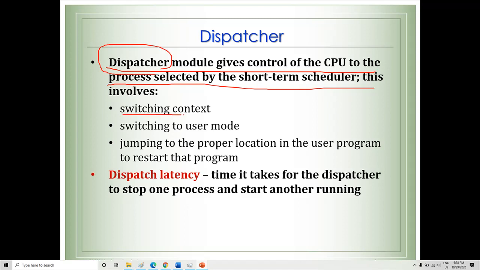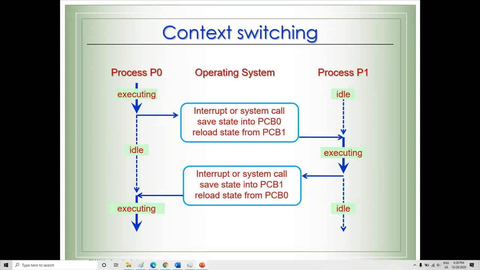Other functionalities of the dispatcher are as follows: switching context, switching from user mode to kernel mode and from kernel mode to user mode, and jumping to the proper location in the user program to restart the program. This is called context switching.